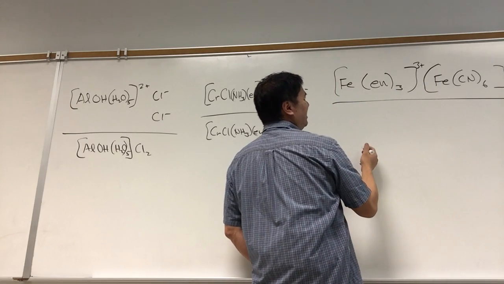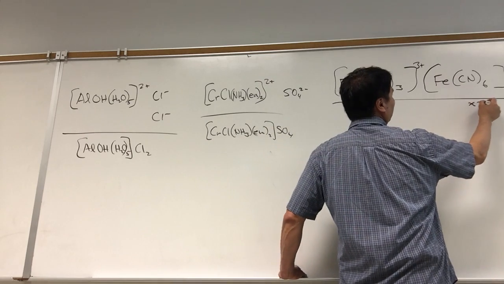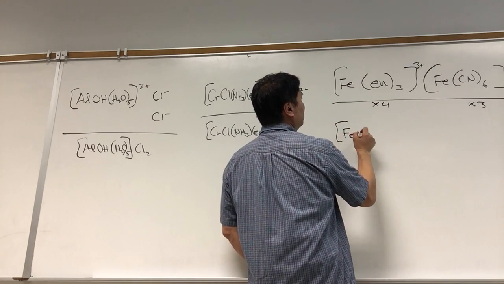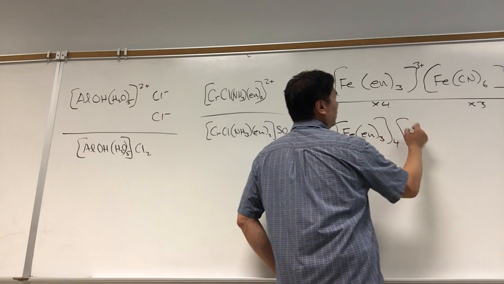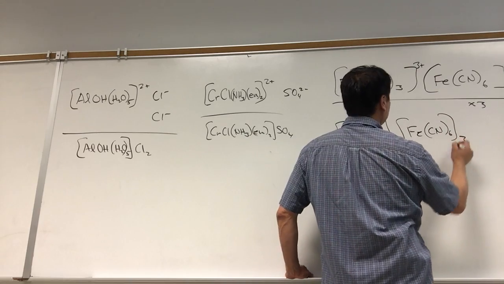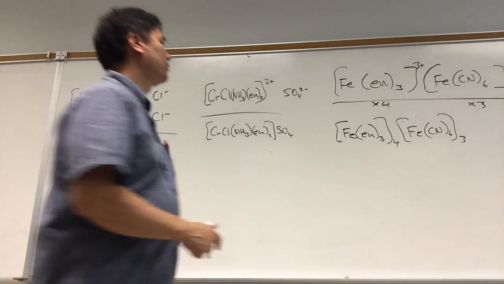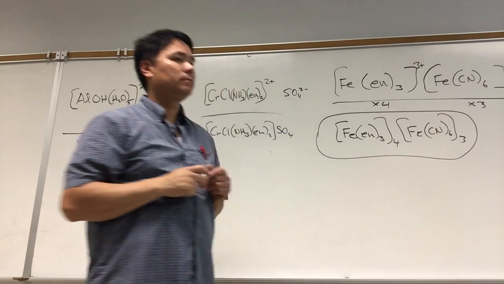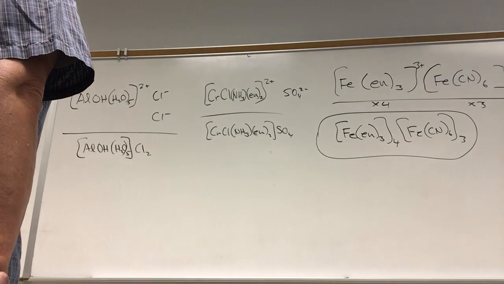Well, it looks like I need 4 of these and 3 of these to balance out the charge. And so it's going to be Fe(en)3 sub 4, Fe(CN)6 sub 3. And that would be the correct formula for this. All right, any questions on nomenclature and writing formulas?